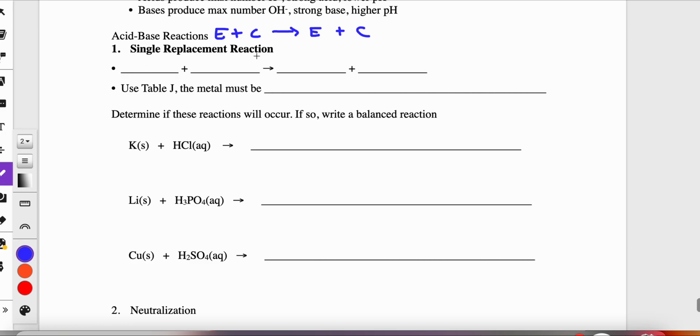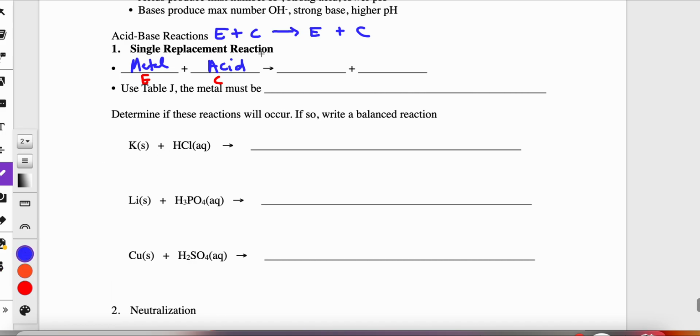In the single replacement that involves an acid, our free element is a metal, and this pure metal reacts with an acid. So that's our compound. So this is our element, and this is our compound.